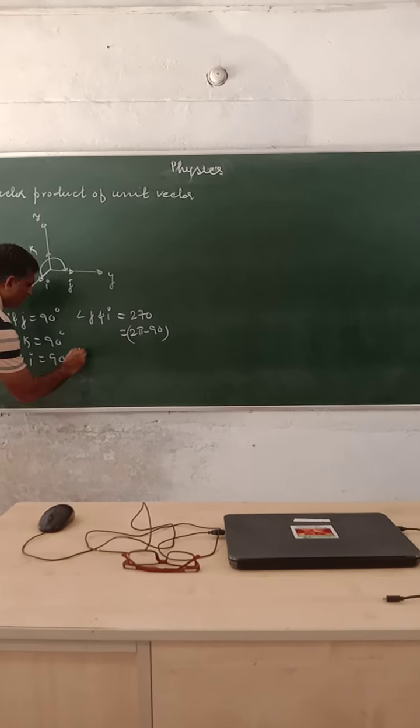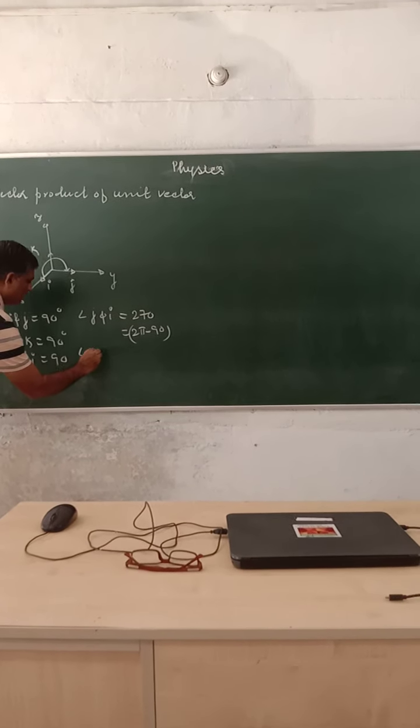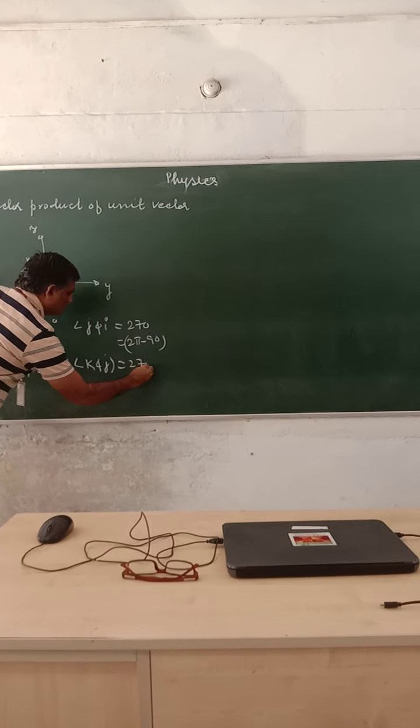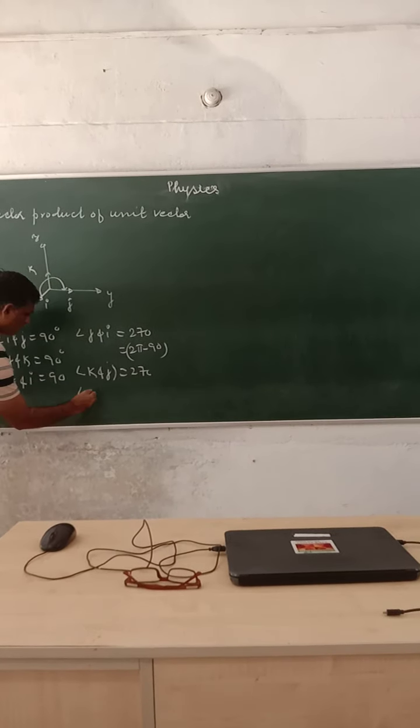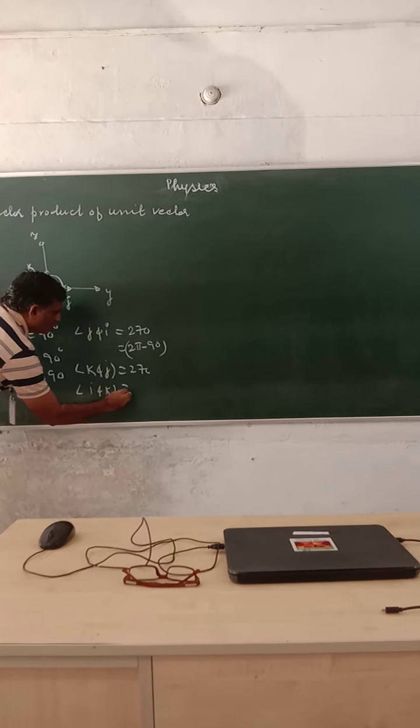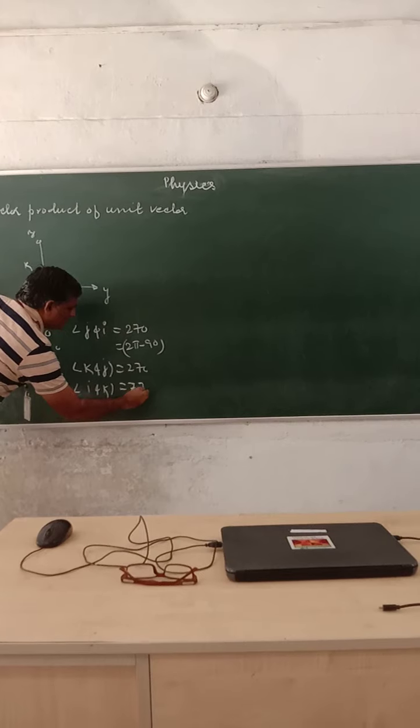Similarly, angle between k and j is equal to 270. Angle between i and k is equal to 270.